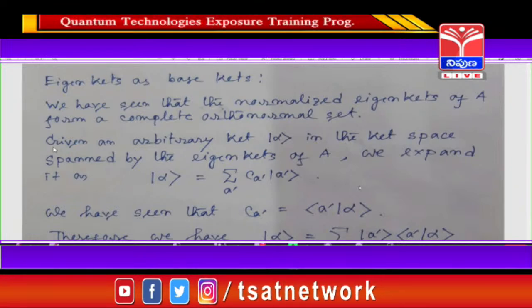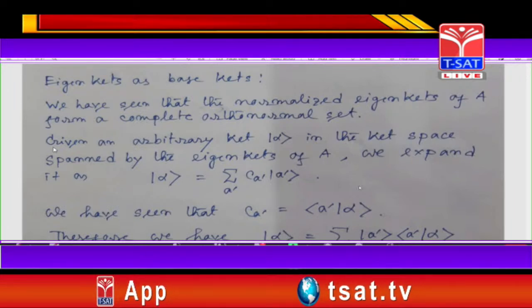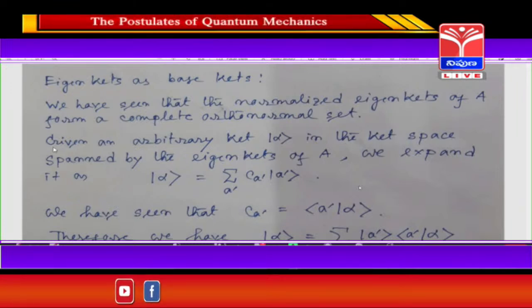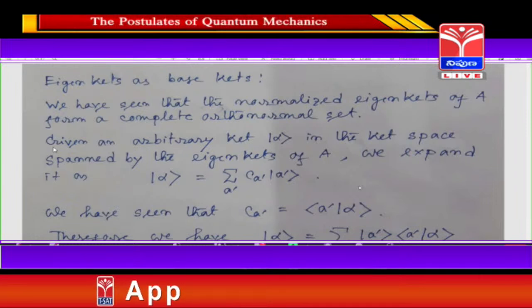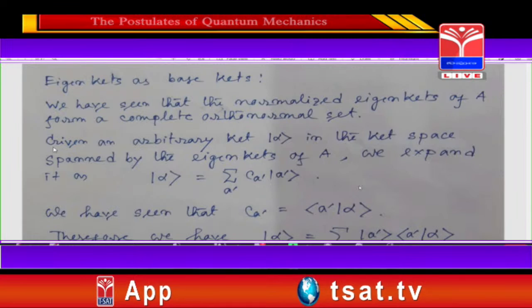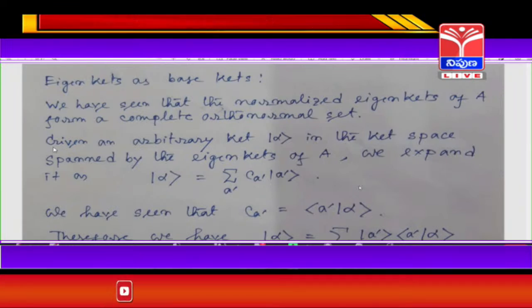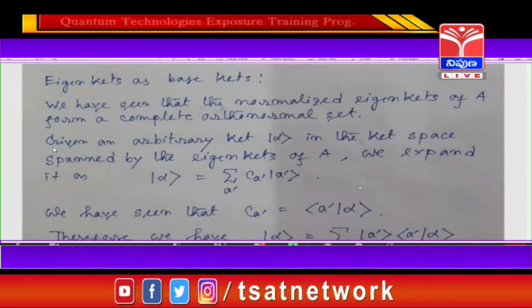Just extend that idea to a much higher dimensional coordinate system. It can be 100, 1000, infinity, anything. Corresponding to all those dimensions, there have to be unit vectors, just like we have seen in the Cartesian coordinate system or polar coordinate system. Those are the eigenkets.